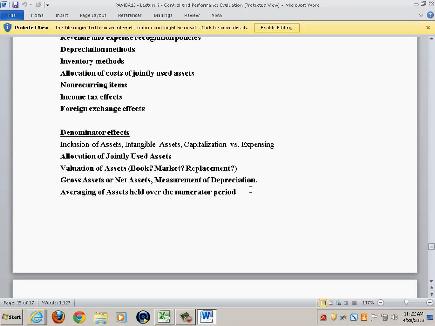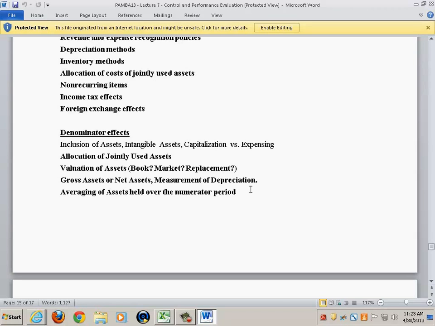So that's easier said than done. It's easy to say we want a comprehensive measure of all the productive assets that generate the revenue, but then comes the specific issue: which assets do we include? They have to become specific.